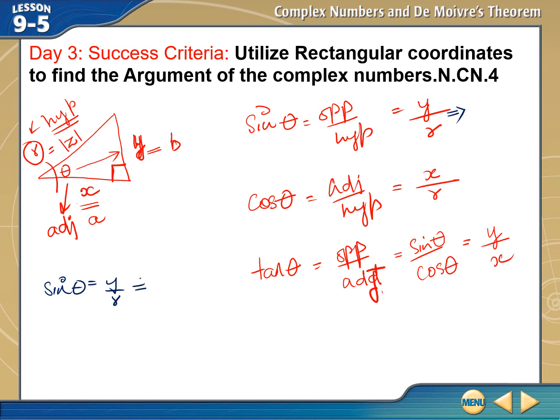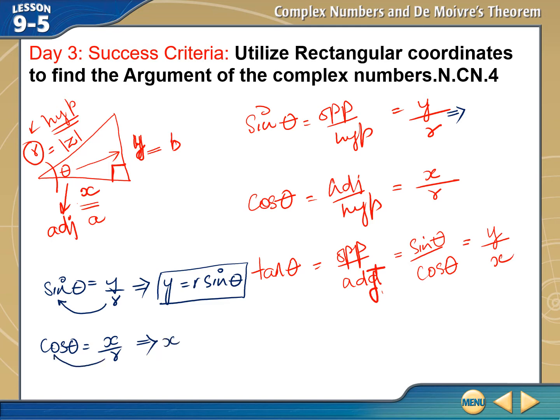Yes, of course. I bring the r to the other side by cross multiplication and I get r sine theta. Now I have the second formula, cosine theta equals x over r. To determine the value of x, I bring the r to the other side, so it gives me r cosine theta.